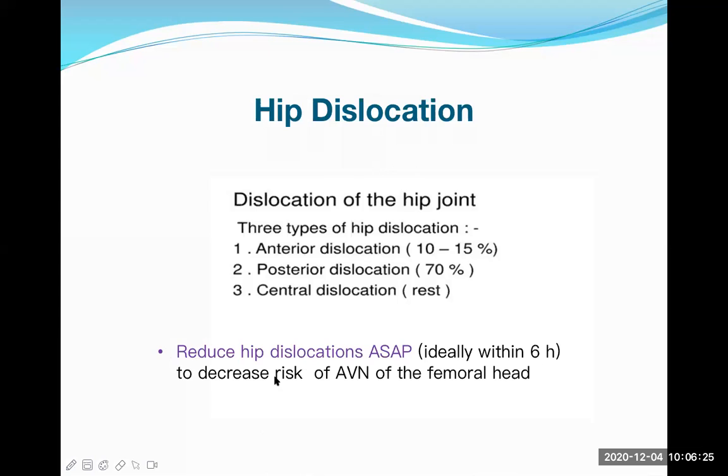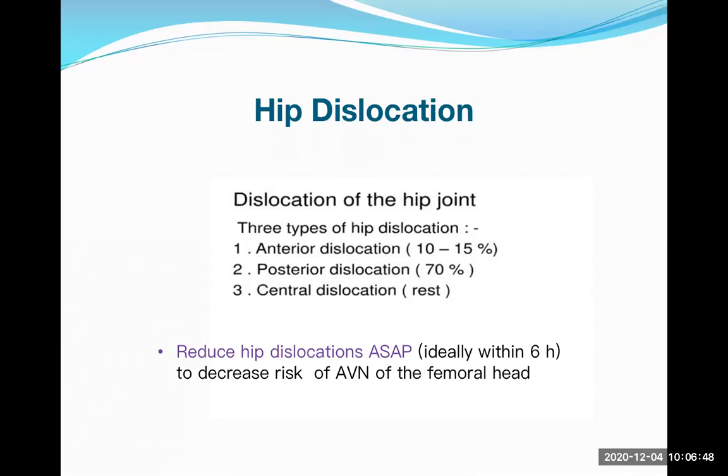Now, after knowing this, remember one very important point. That's what we need to do all the time in the hospital. If somebody comes with dislocation of the hip joint, reduce the hip dislocation as soon as possible, ideally within 6 hours, to decrease the risk of avascular necrosis of the femoral head.